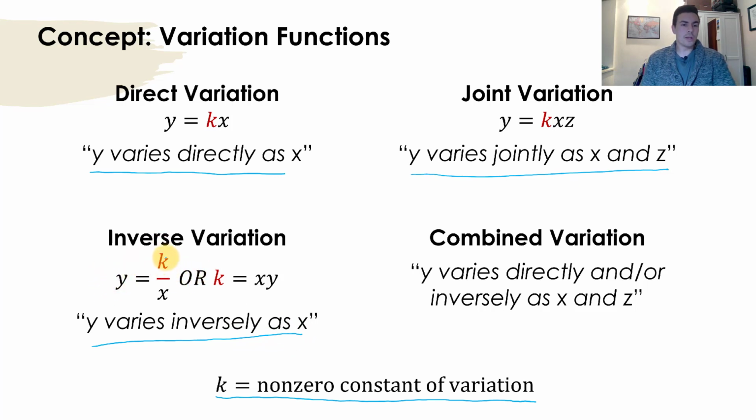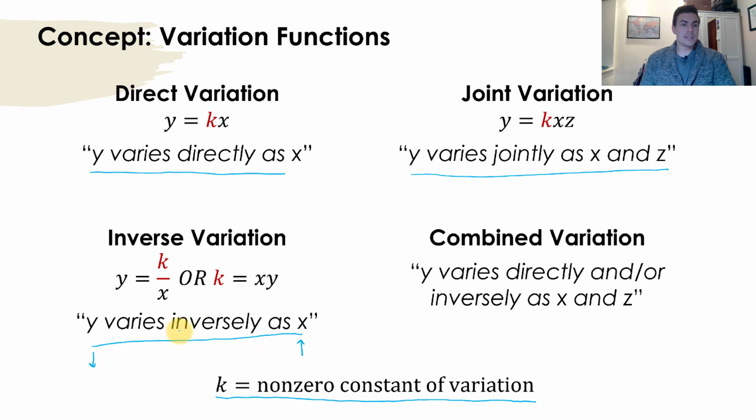So as x is doing something, y is going to be changing. If k was 1, and x is getting larger and larger, then since x is in the denominator of this fraction, y would actually be getting smaller and smaller. So y would be going down as x went up.